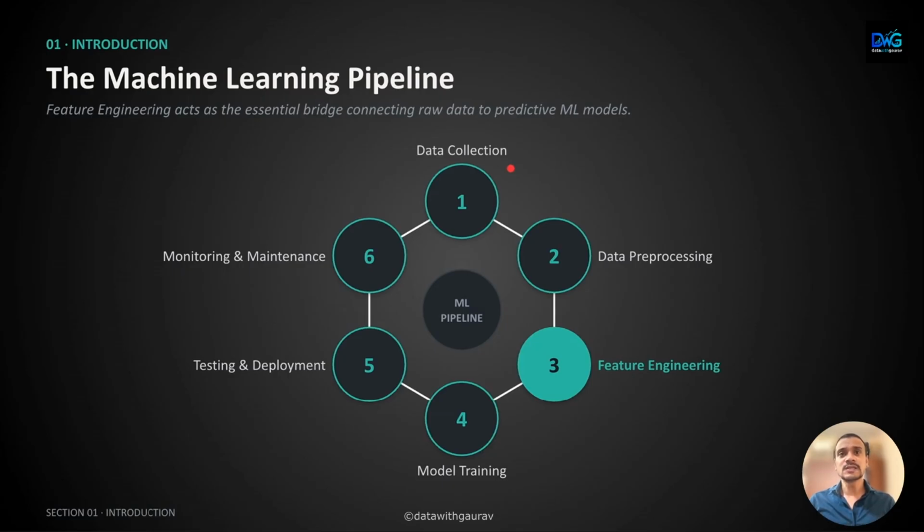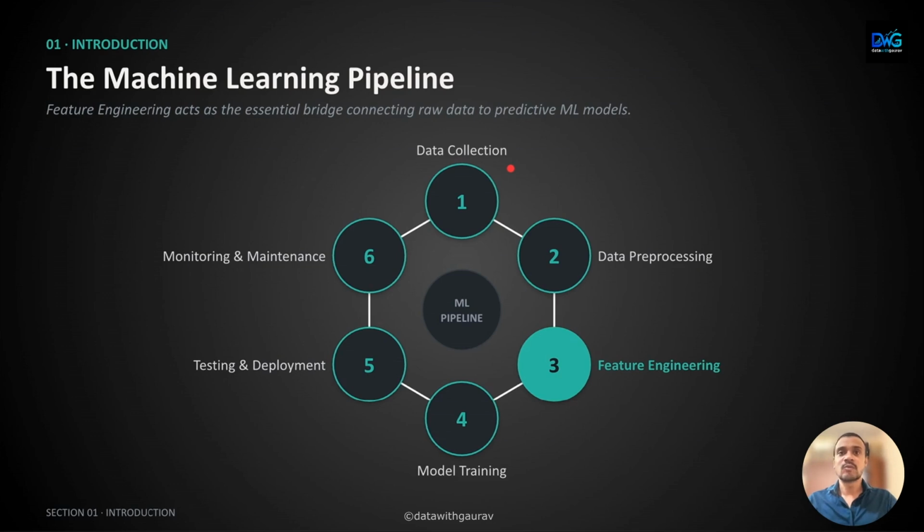You can think of feature engineering as a bridge between prepared data and a machine learning model. The quality of these features often has a greater impact on the model performance than simply choosing a more advanced algorithm. After feature engineering, we move on to model training, where we select an appropriate machine learning algorithm and train it using the engineered features.